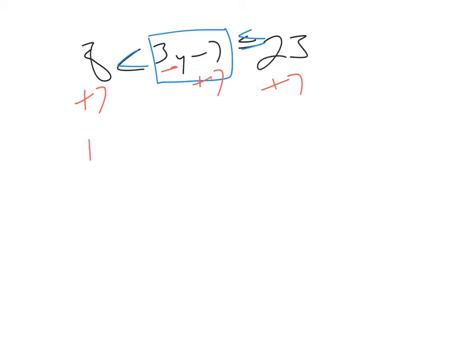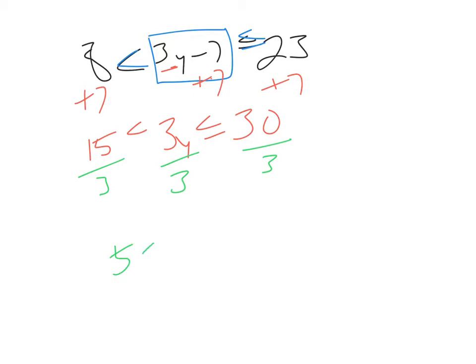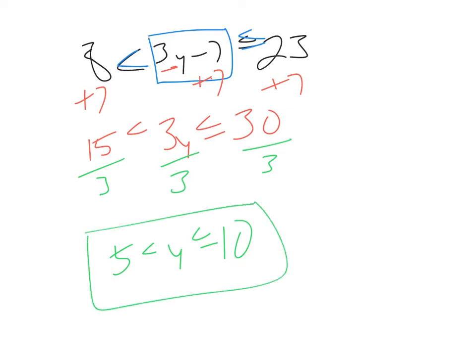Then we'd have 15 less than 3y, which is less than or equal to 30 now. 23 plus 7 is 30. Then to get y by itself, we divide all three sides by 3, and 5 is less than y, which is less than or equal to 10. And there you go, this is your answer. y is bigger than 5 and less than or equal to 10.